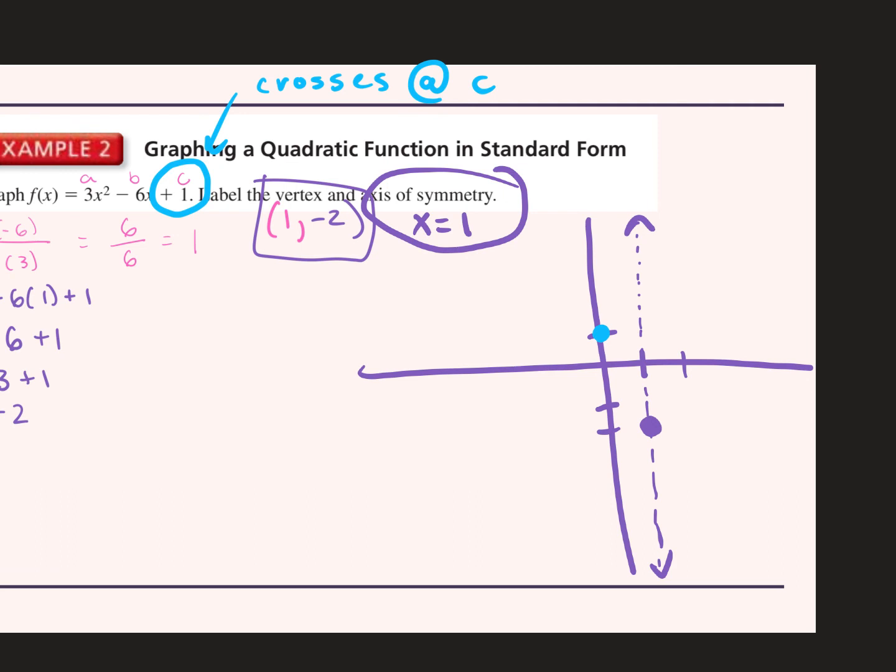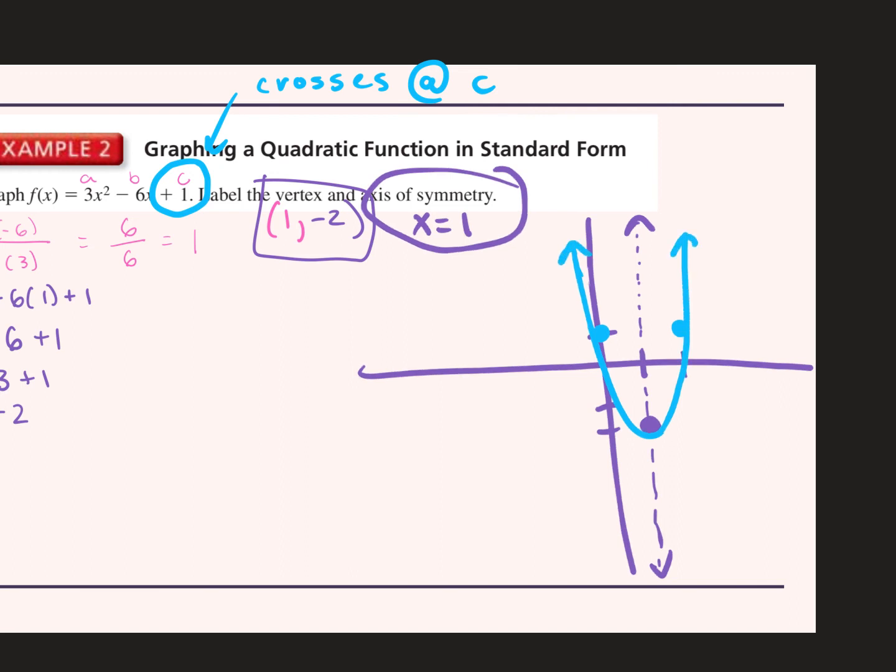So now I have 2 points on my graph, but I need 3 to graph it. Awesome. I have the same point on the other side. So since this point is 1 space away from my axis of symmetry here, I have the mirror image on the other side. So I'm going to have that same point on the right side of my graph. Once I have 3 points, I can graph.